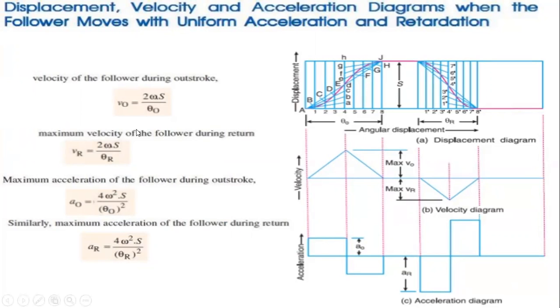There is a different formula for each case, that is the outstroke and return stroke. For the outstroke it is 2 into omega and s by theta o, where theta o is the outstroke angle, and for the return stroke it is theta r. So you need to vary it on both sides.